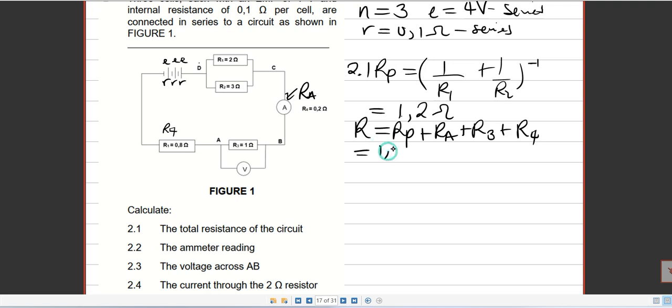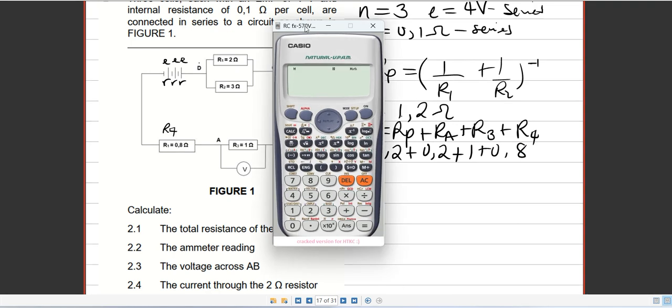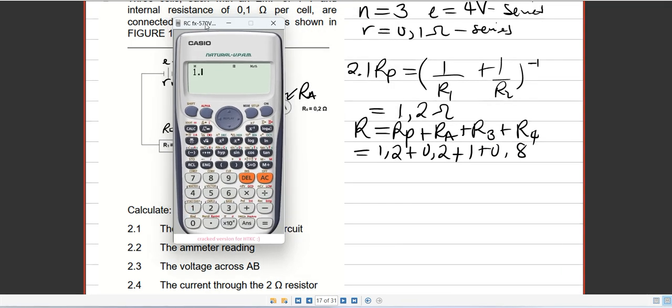So we will have 1,2 plus 0,2 plus 1 plus 0,8.